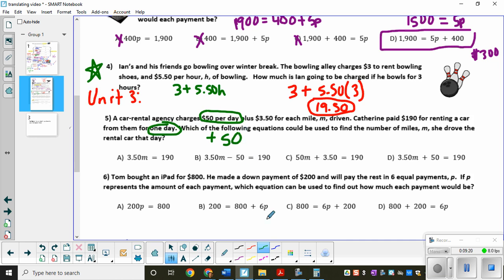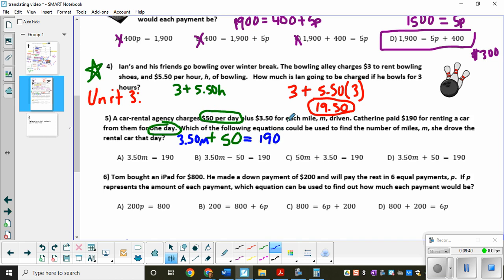Now it is $3.50 for each mile, so $3.50 times M plus the $50 to rent it for the day, and that is equal to the $190 that Catherine paid them.